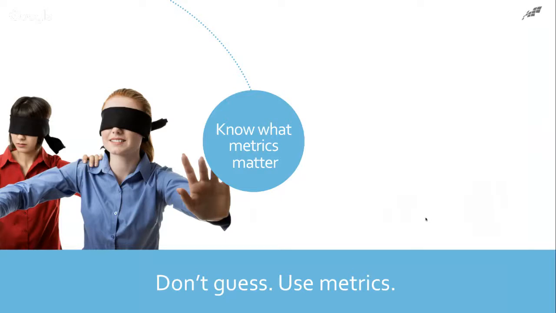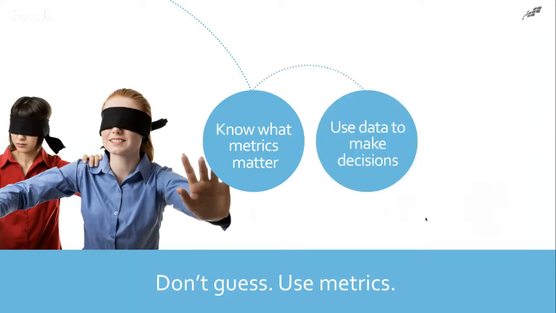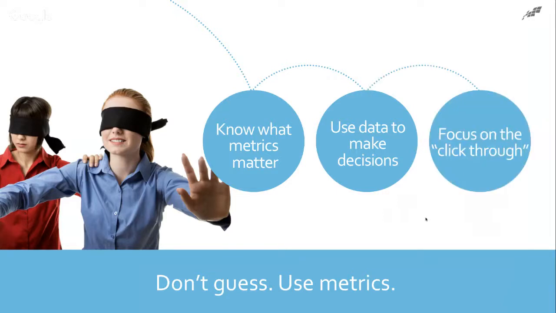That's kind of what ours is loosely. But you can use the data that you collect to make good decisions. And as you look at those decisions, again, in email, what you're looking to focus on is the click-through rate, not the open rate. Click-throughs are where all of the magic is. It's easy to open, but you don't really learn much from opens.